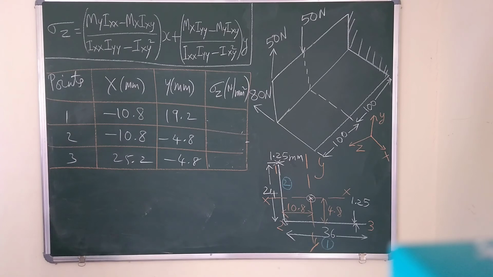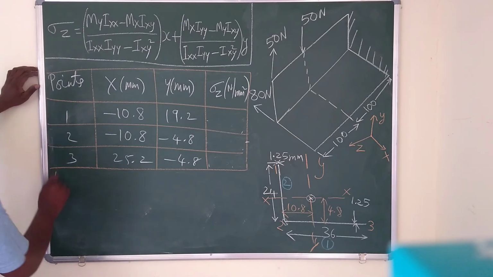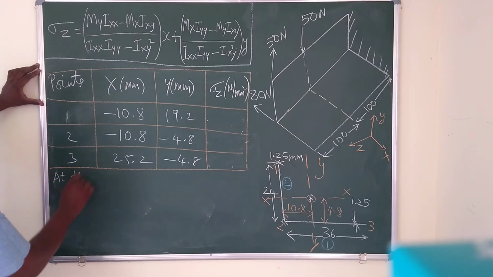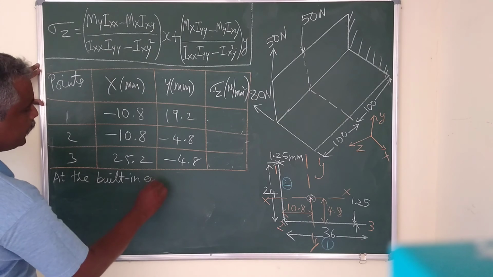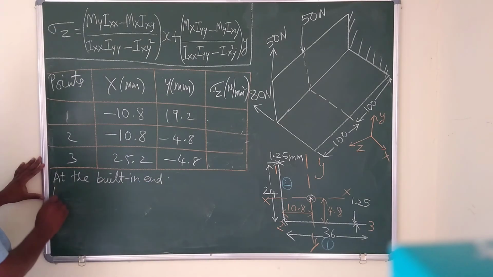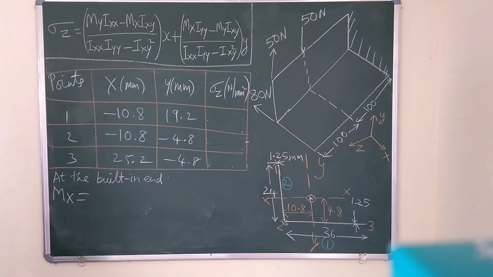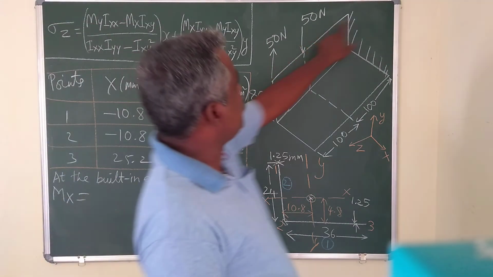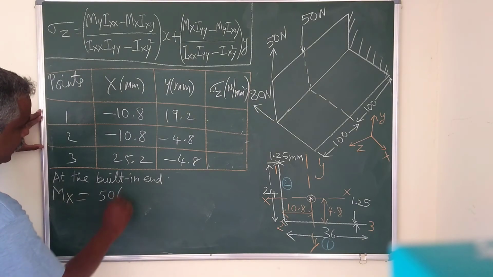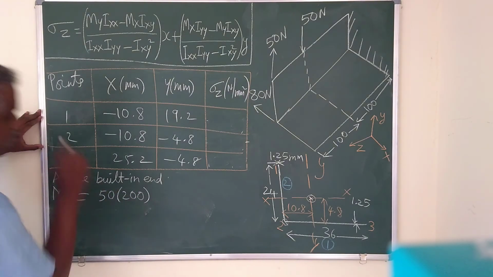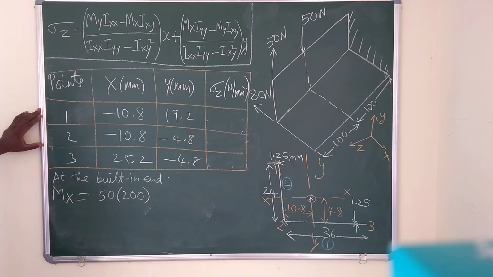Now mx. Now we are trying to find out at the built-in end. So mx is equal to 50 into 200 about x-axis. 50 into 200 produces a compression, so minus.